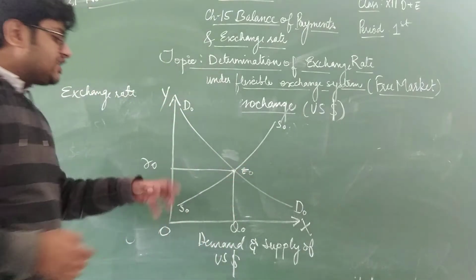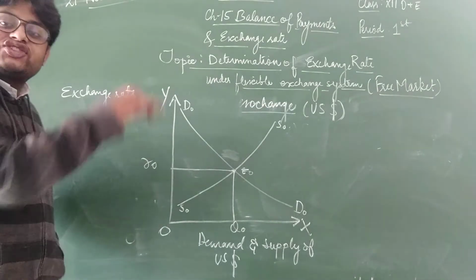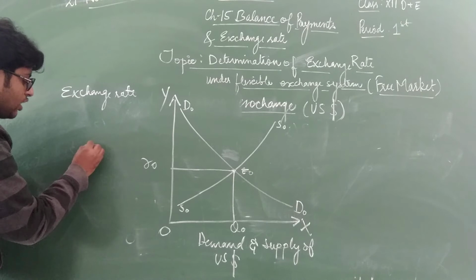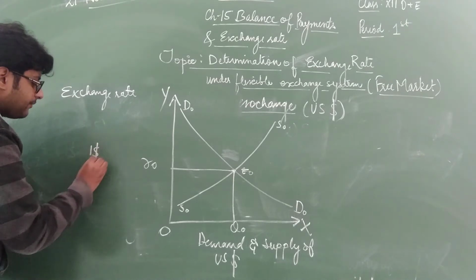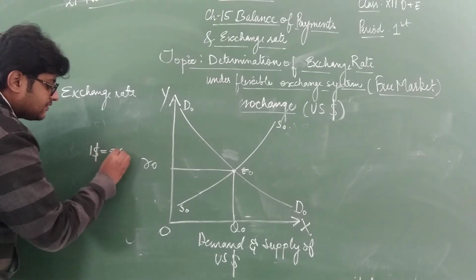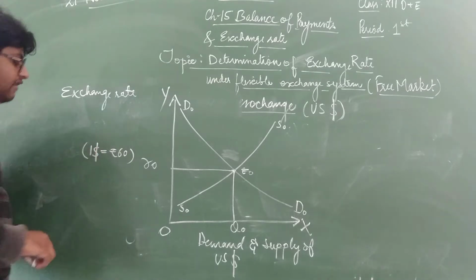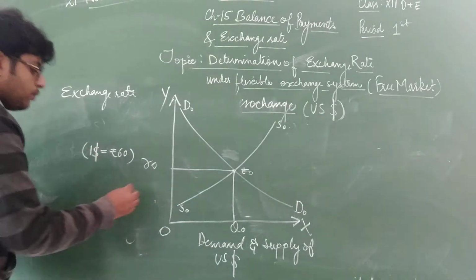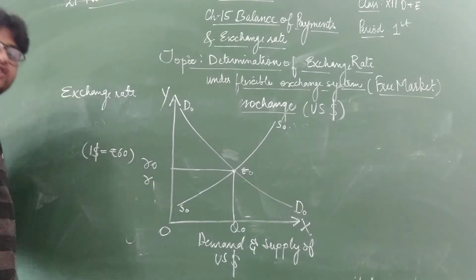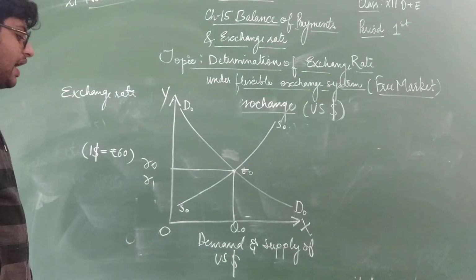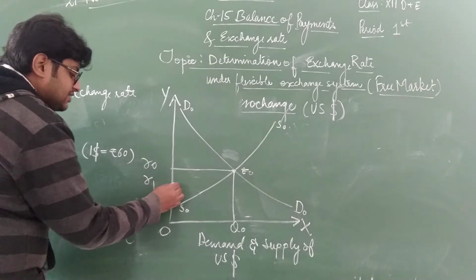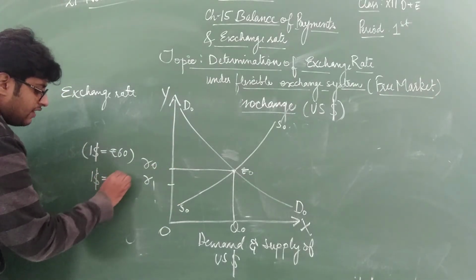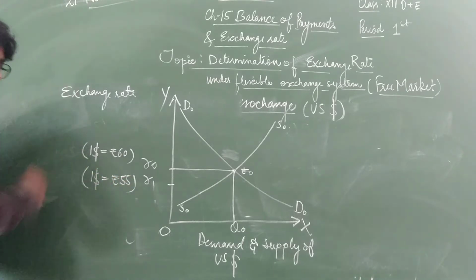First we will see the situation if the exchange rate falls from R0, and we will also take an example. Over here $1 is equal to 60 rupees. At R0, $1 is equal to 60 rupees and the market is clear. What if the exchange rate falls to R1? That means $1 is equal to 55 rupees now, for example.